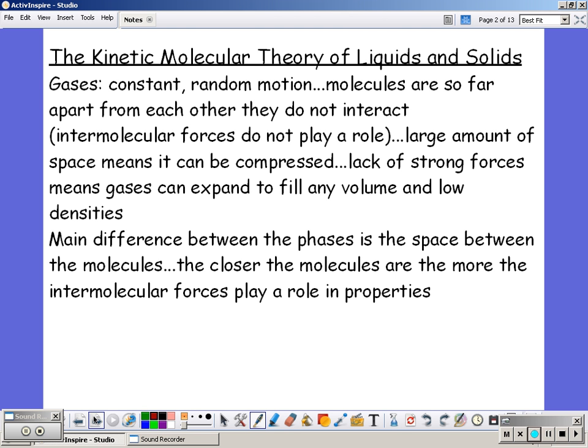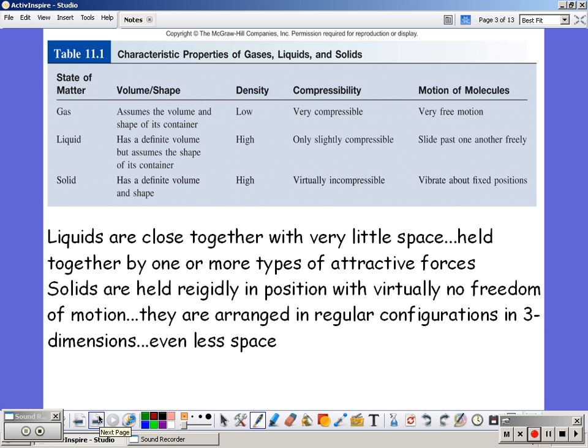So the main difference between the phases is simply the space between the molecules. The closer the molecules are, the more the intermolecular forces play a role in those properties. This table, 11.1, shows the characteristics of gases, liquids, and solids. Liquids are closer together than gases are, with very little space in between.